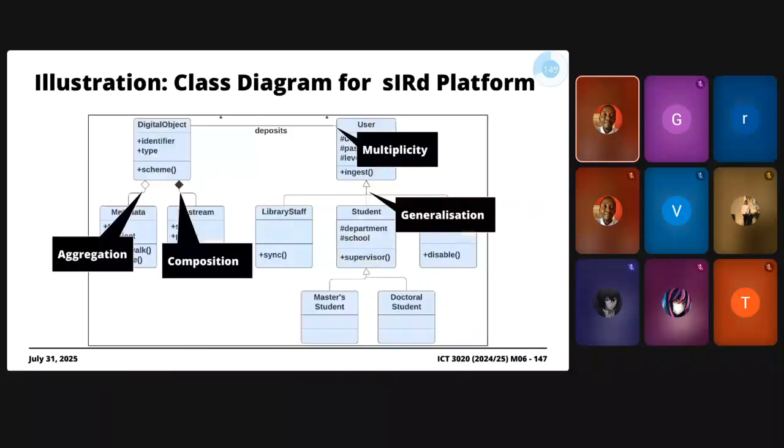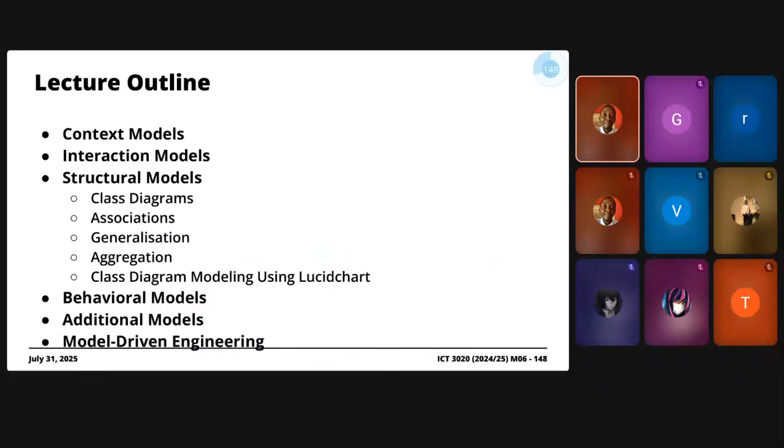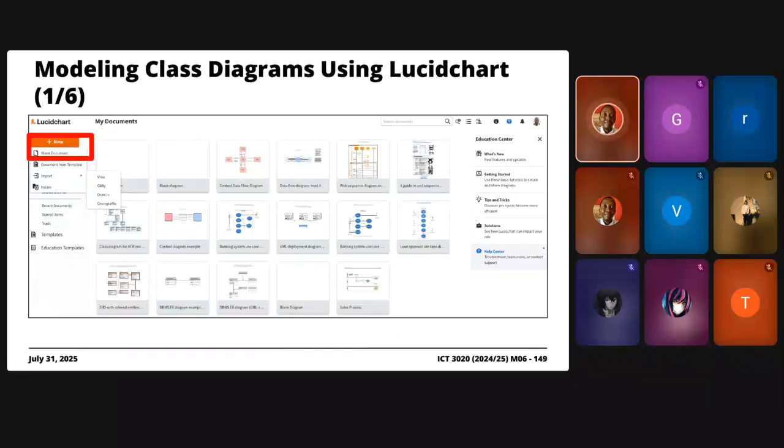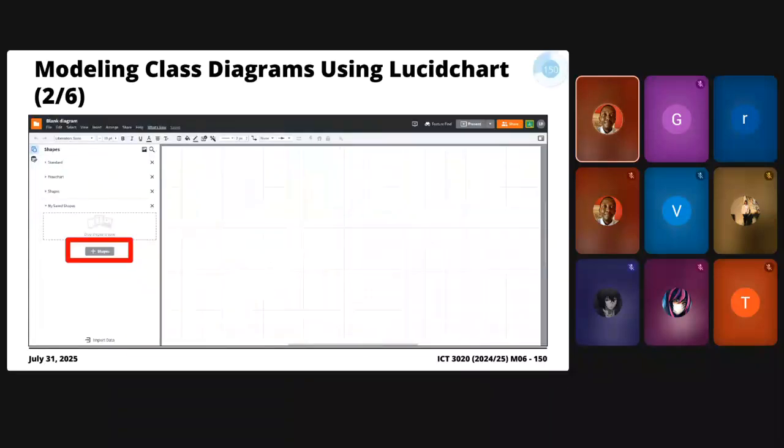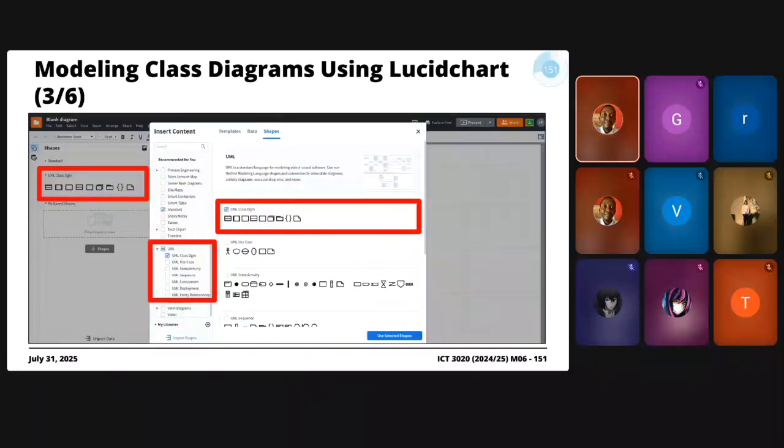Now, here is the thing. The question now is, how do we put these different things together? How then can I create this class diagram? Well, use a piece of software like Lucidchart. With Lucidchart, you can create a blank diagram and then just choose the UML class diagram as your stencil.